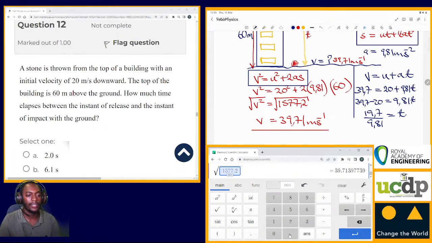And we can now punch that in, 19.7 over 9.81.